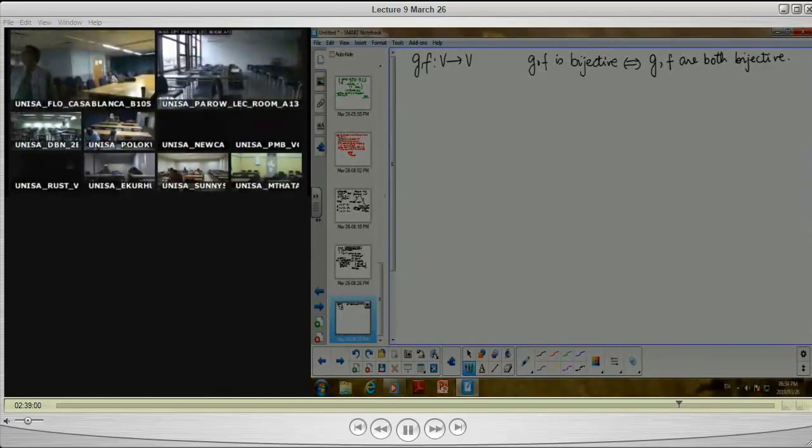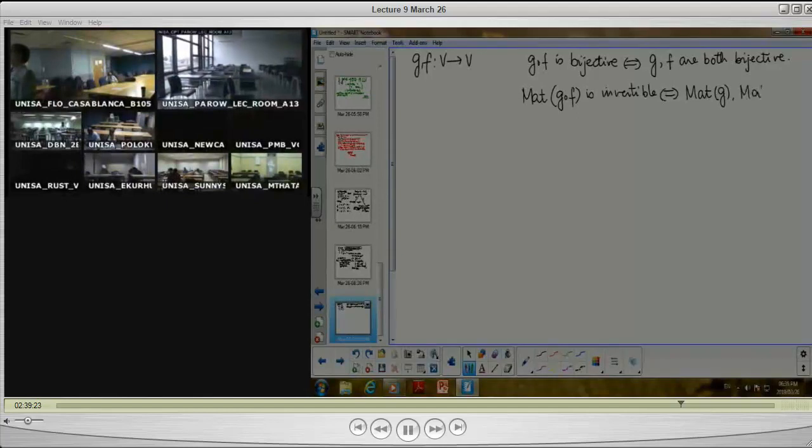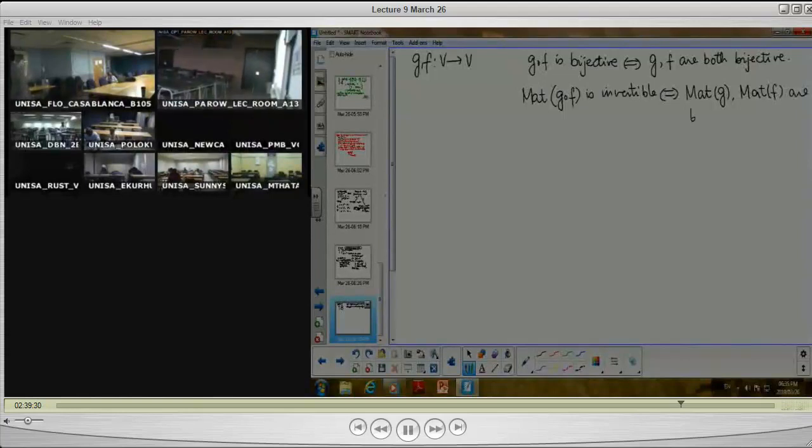But you know that every linear, every square matrix is equal to the matrix of F, for some F. So, therefore it is done.